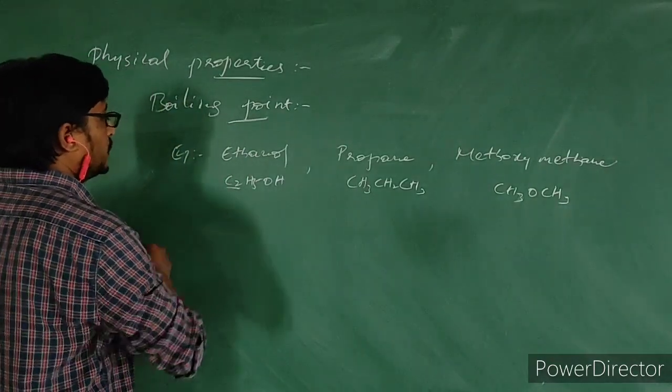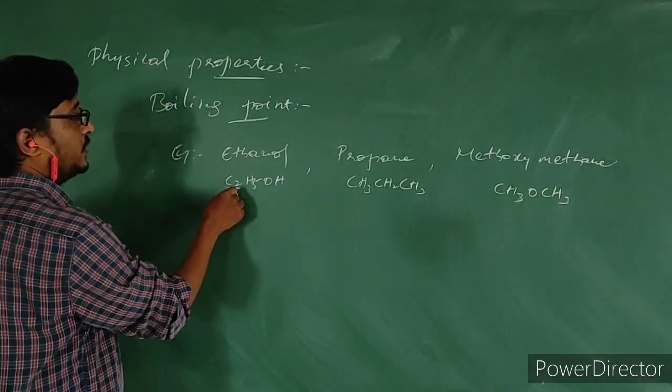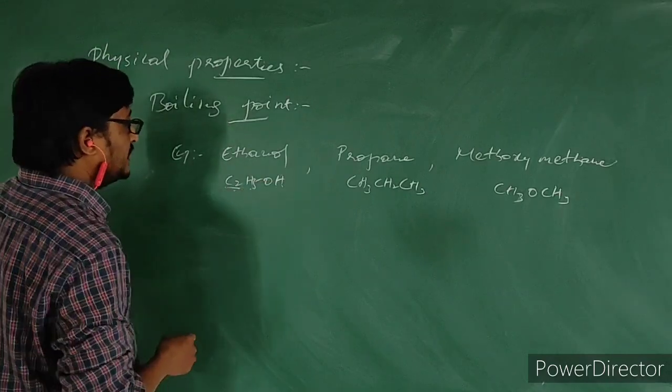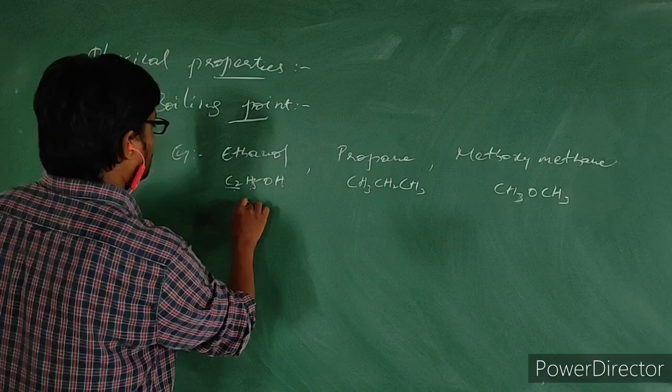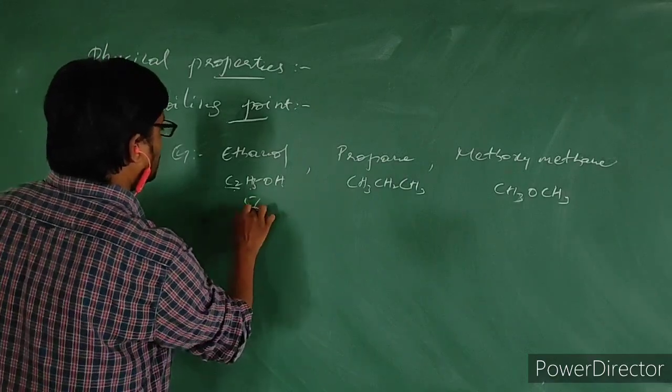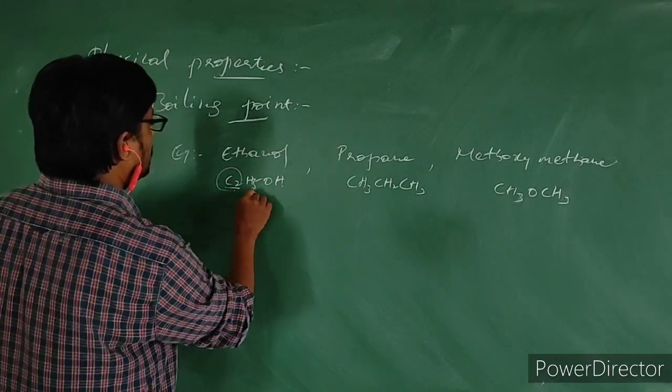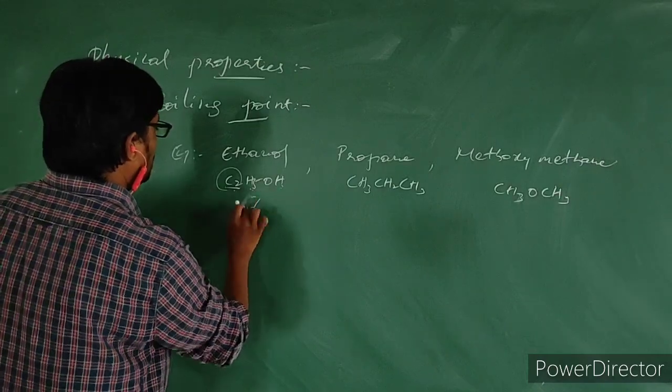Ethanol: carbon is 12, so 24, plus 6, 30, plus 16, that is 46.